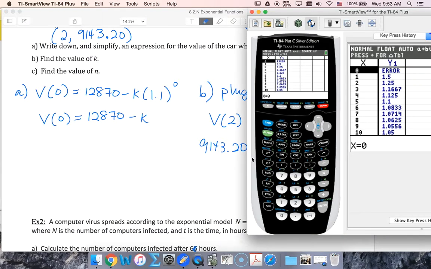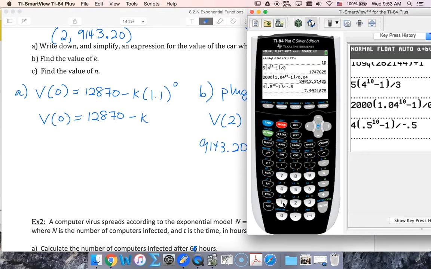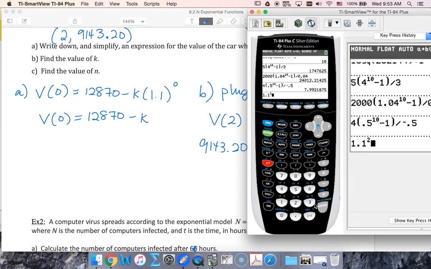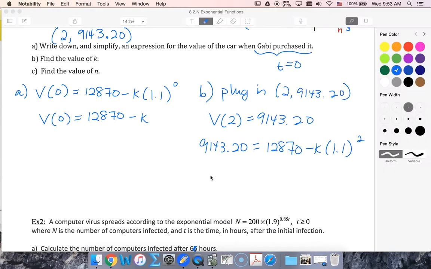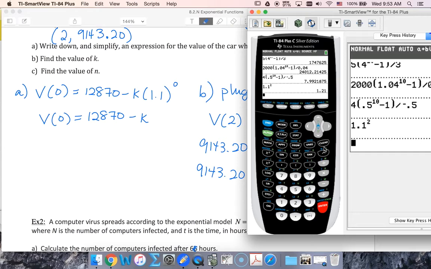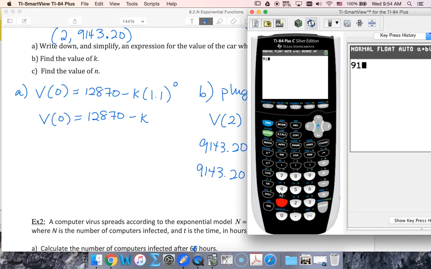I'm going to use my calculator to figure this out. 1.1 squared is 1.21, so it equals minus 1.21k. Now I'm going to subtract my 12,870 to the other side. That should give me a negative number.